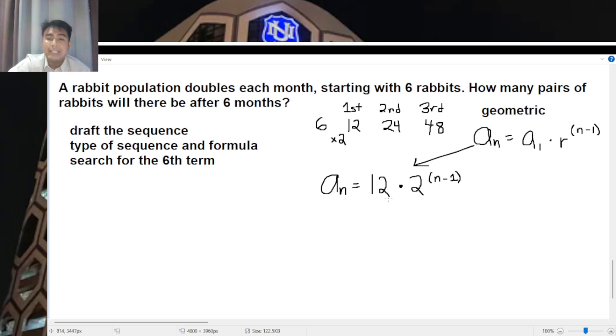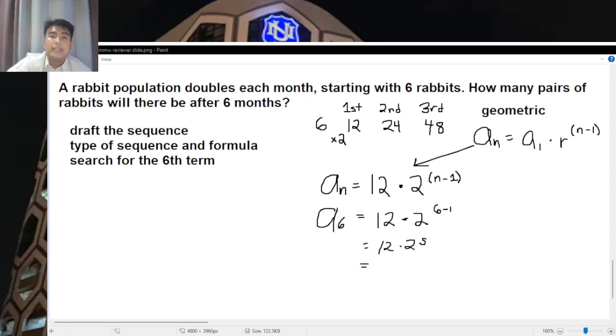So, let's now search for the sixth term. 12 times 2 raised to 6 minus 1 simplifies into 12 times 2 raised to 5.